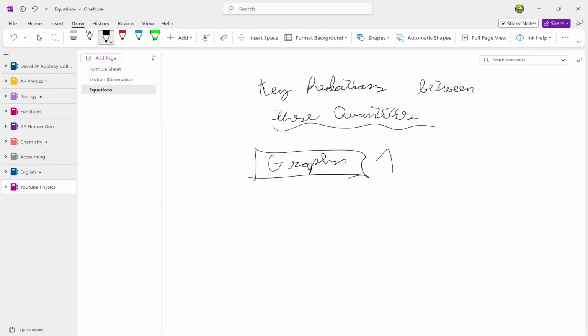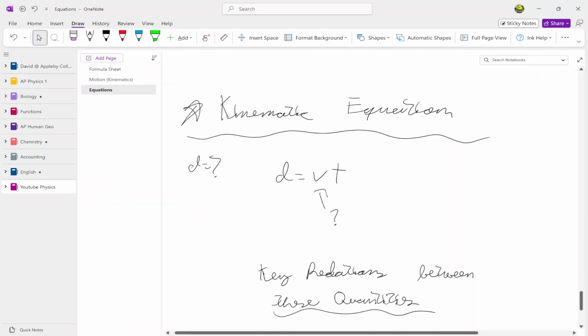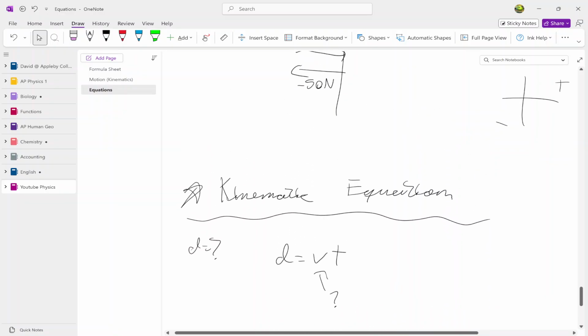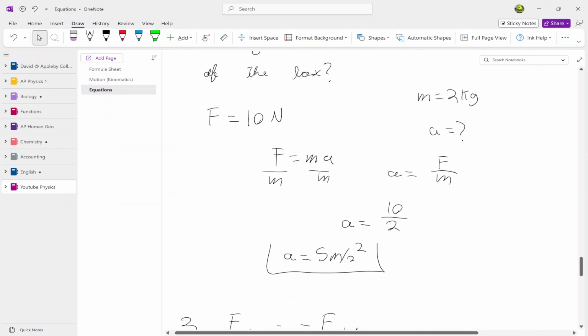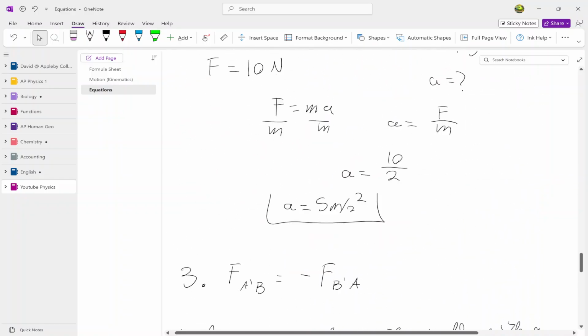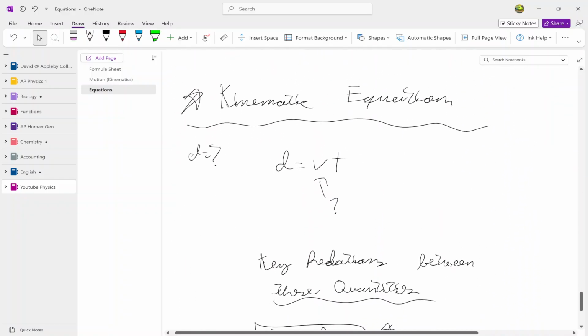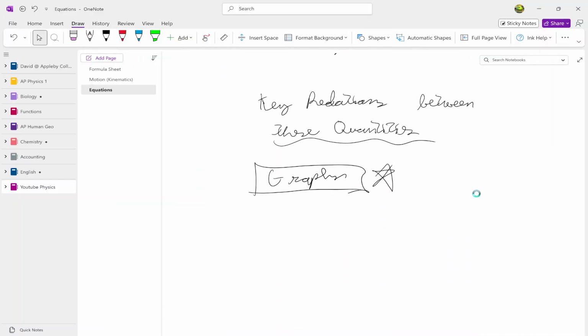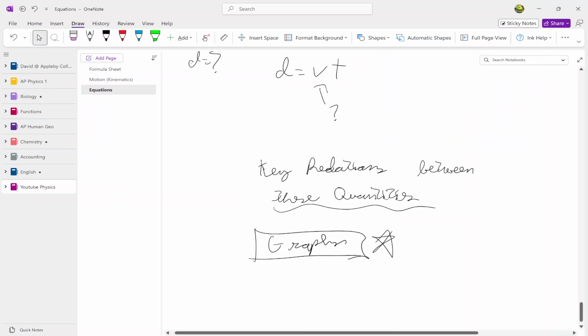Graphs are quite important. AP loves putting graphs on here, right? So these are the two things that I'll be covering next video, and so you can just practice these normal equations. But just keep in mind, these kinematic equations are obviously more equations, and then these are visuals, but you'll be covering them along with equations.